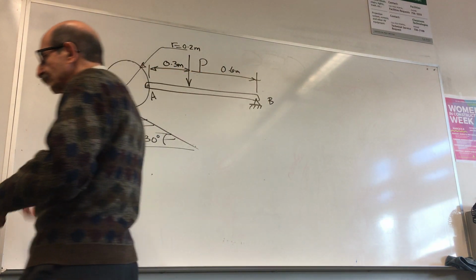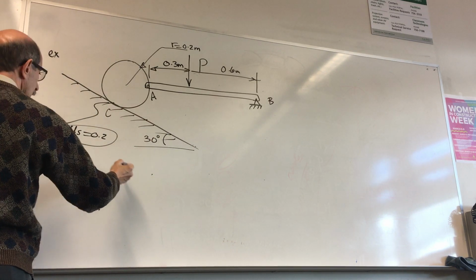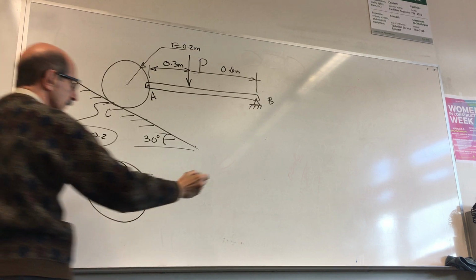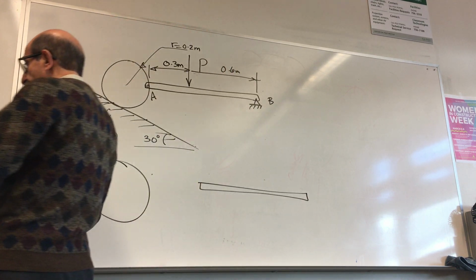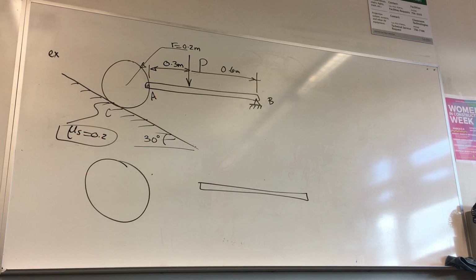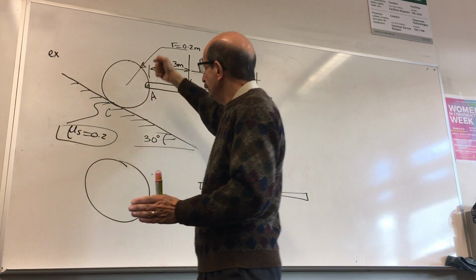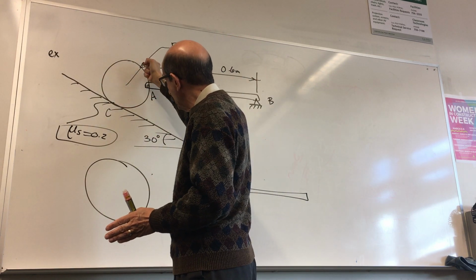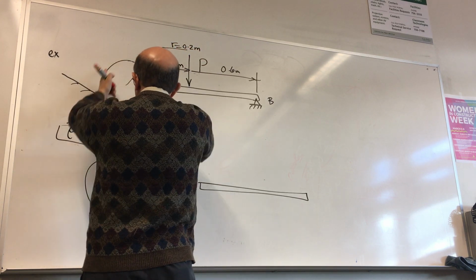So you have equilibrium. As soon as you know it is case 1, you draw your free body diagrams accordingly. So I have this free body diagram for the disk and the free body diagram for the bar. But when you draw the free body diagram, be careful about the direction of the friction force. It's always opposite to the direction of motion. If this disk is going to rotate or slip, this force is going to push down, or A goes down, so the disk is going to rotate like this.